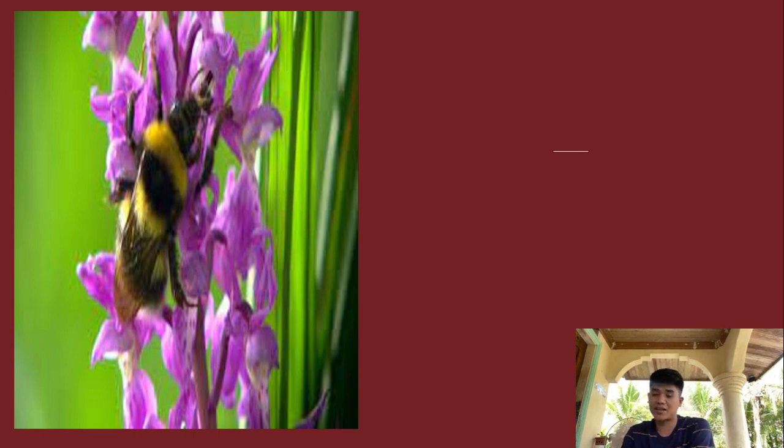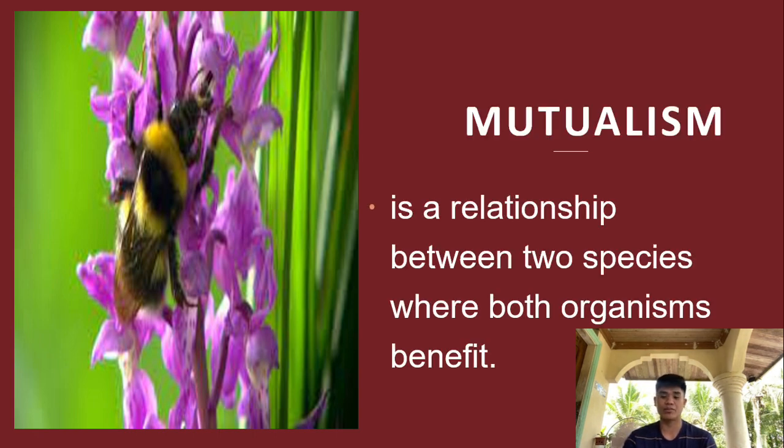The bee extracted honey from the pollen of the flower, and it makes the orchid bloom. The bee benefited from the extraction of the what, class? Honey. That's right. So mutualism is a relationship between two species where both organisms benefit.